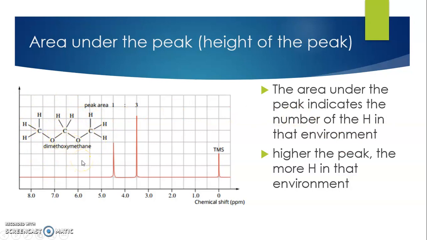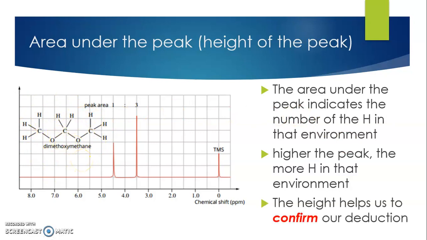But the height actually will help us to confirm our deduction. So once we've written out and concluded this is the molecule that corresponds to that particular NMR spectrum, we can then use the height of the proton NMR peaks to confirm whether it corresponds to the number of hydrogens in each environment. Especially sometimes we are given the ratios, so we can actually confirm it using the ratios given.